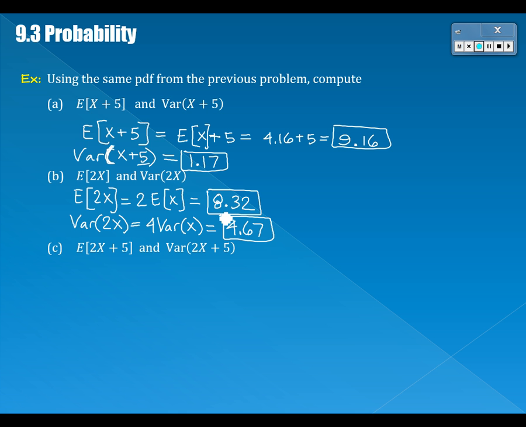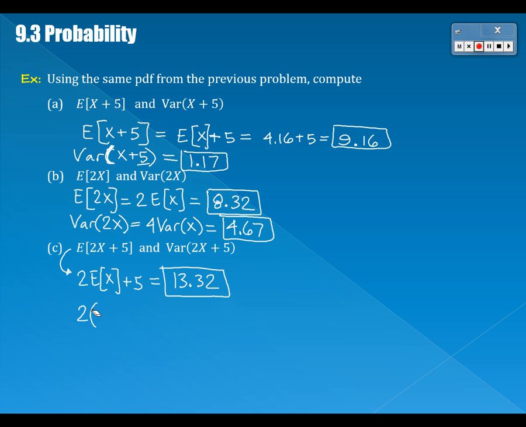And then we can combine these ideas down below, right? That's all we're doing here. This is 2 times the expected value plus 5, this guy. And so that will be 8.32 plus 5, which is 13.32. And the variance will be just 2 times the variance, since the plus 5 doesn't do anything, right?